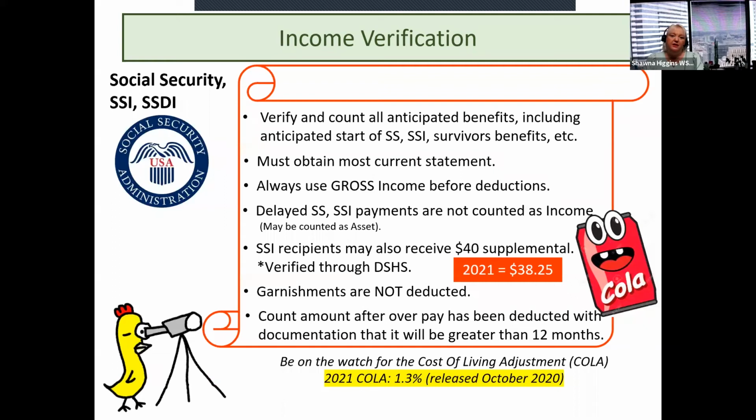And then you want to be on the watch for the cost of living adjustments, the COLA. For 2021, we did hear it's going to be 1.3. It was released in October of 2020. And so I believe the letters come out in December. And they can go to this website here to be able to find out what their next year's Social Security will be if the letter has already been released.